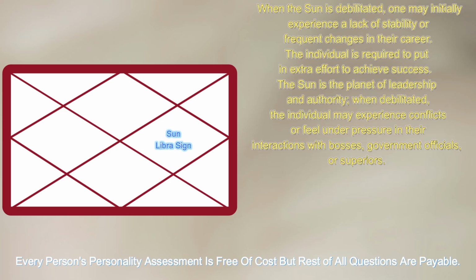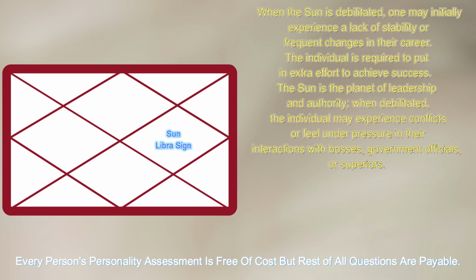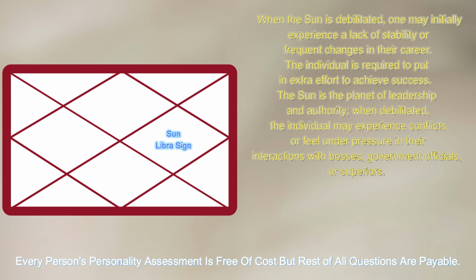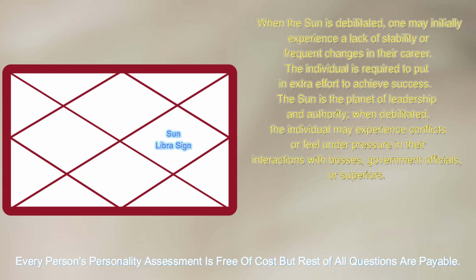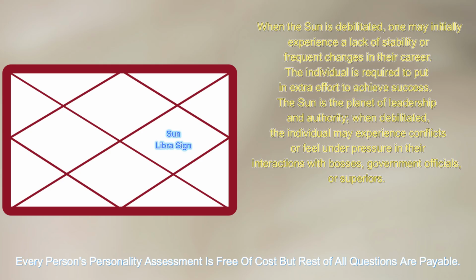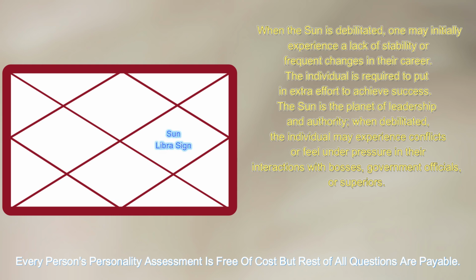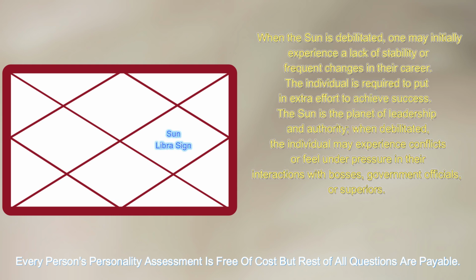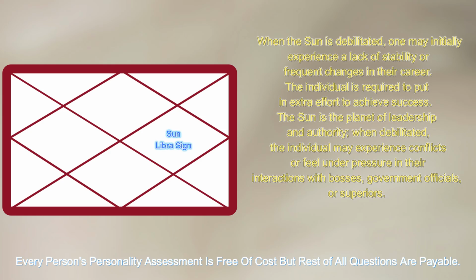When the sun is debilitated, one may initially experience a lack of stability or frequent changes in their career. The individual is required to put in extra effort to achieve success. The sun is the planet of leadership and authority.